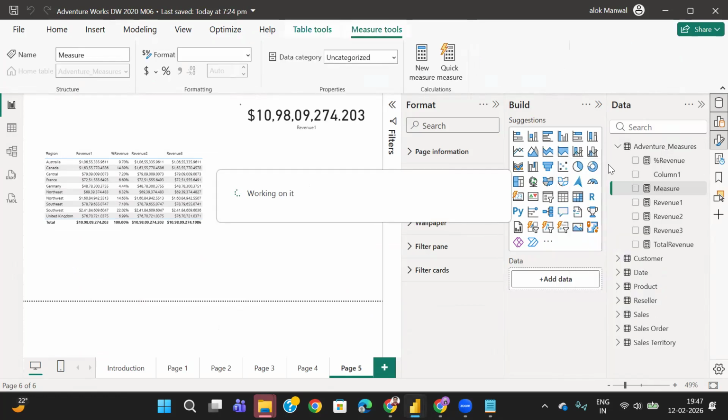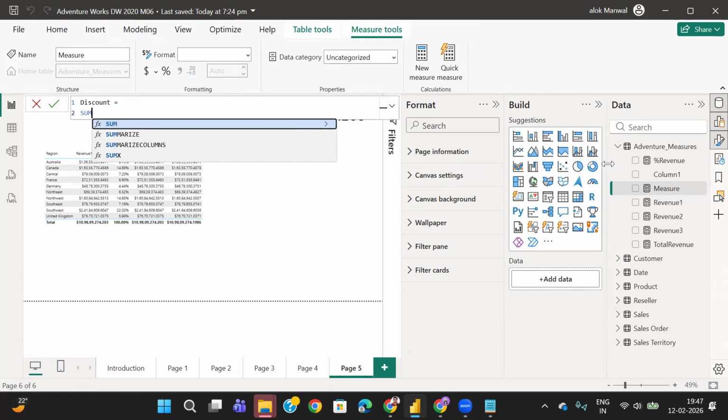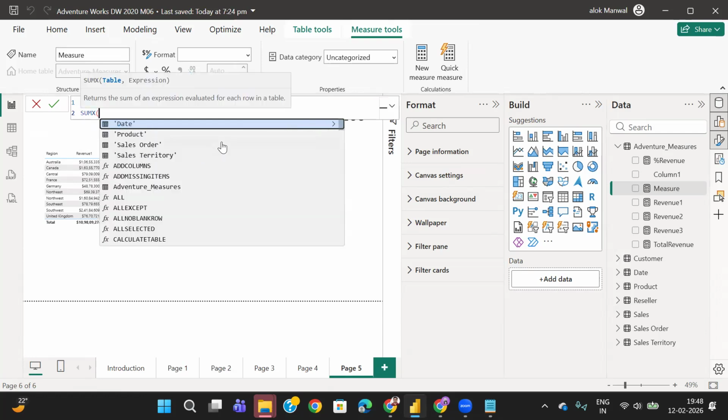Yesterday we went through the RELATED function in detail. Now I'm just picking it up directly. Now what I'm going to use is SUMX. SUMX is basically an iterator function that I'm going to use to sum.